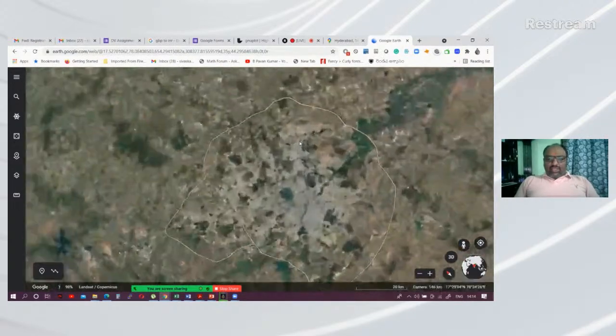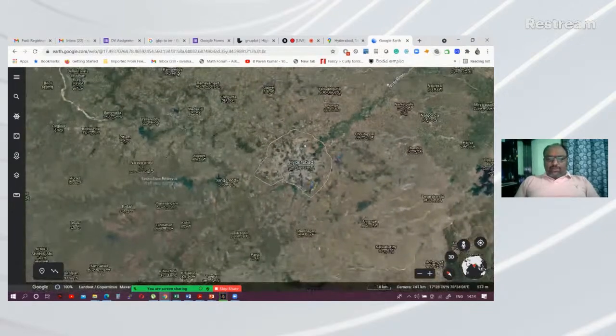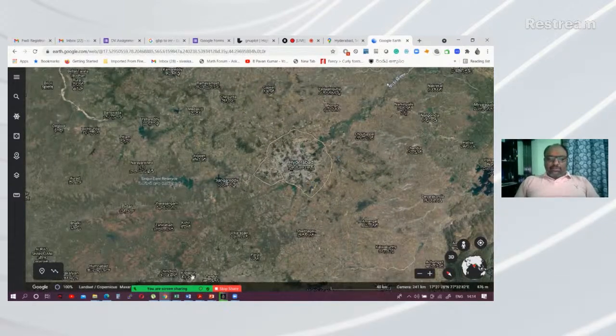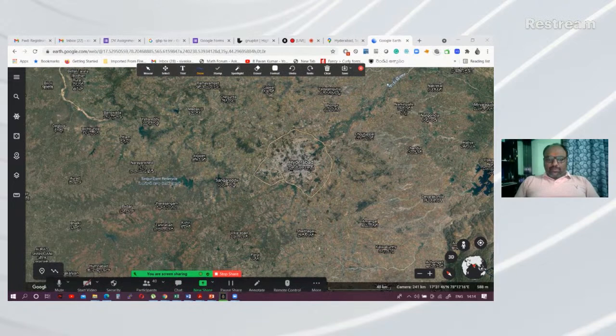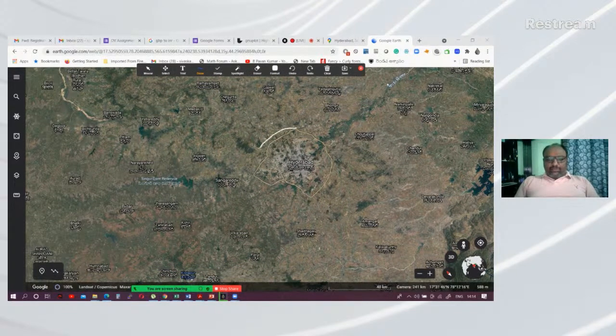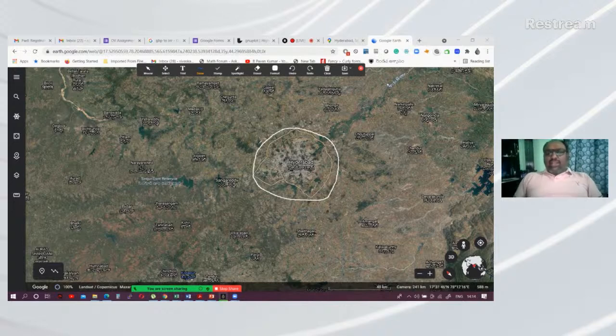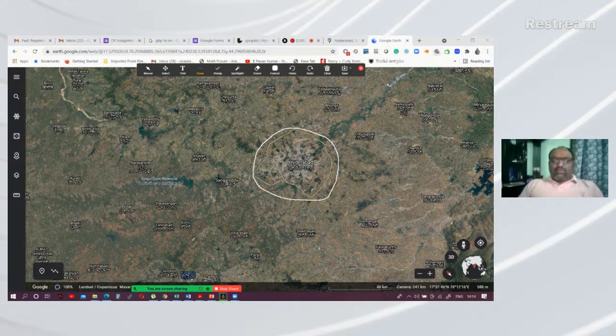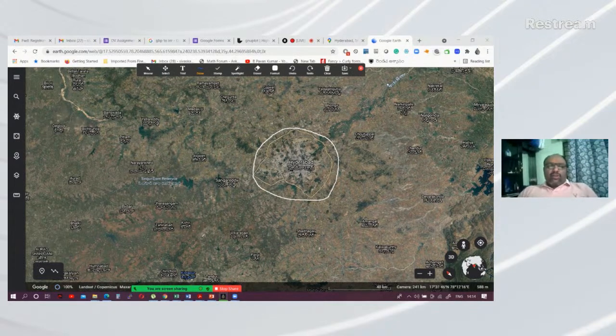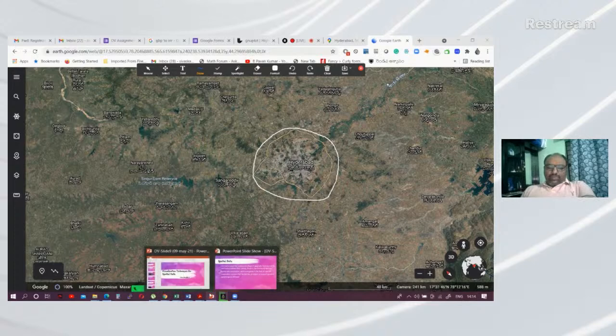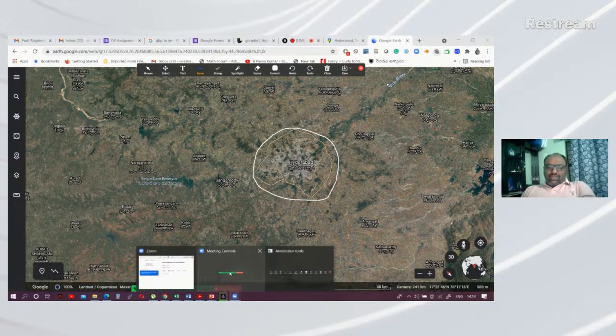If I see Telangana, if you observe this shape, our Hyderabad shape, can anyone tell me what shape it is? What geometrical shape is it? Please give your answer in the chat session.